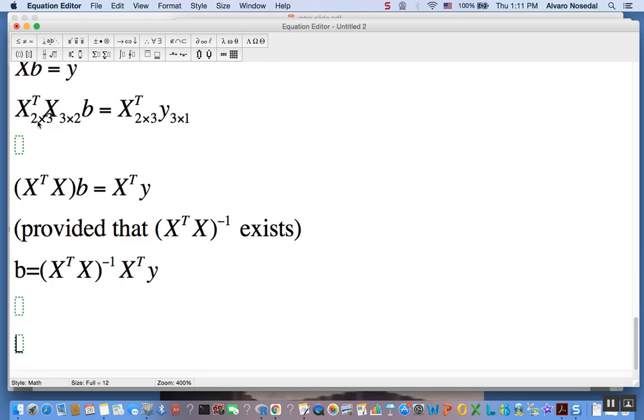By pre-multiplying by X transpose, provided that the inverse of X transpose X exists, we were able to find the solution for that system of linear equations. Make sense? Please remember this formula. This formula will play a very important role for us in this course in linear regression.